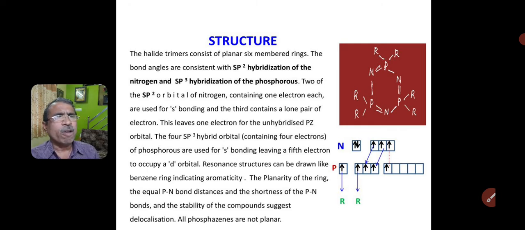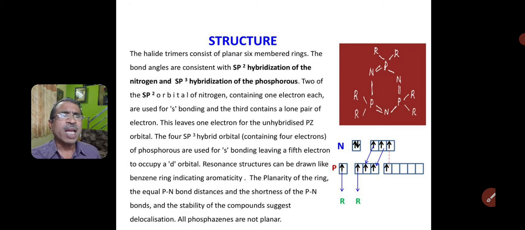After the formation of the sigma bonds, there remain 2 unhybridized orbitals. One is the pz orbital in nitrogen, another is the dyz or dxz orbital of phosphorus, and these 2 unhybridized orbitals overlap laterally and form a d pi p pi bond between nitrogen and phosphorus.